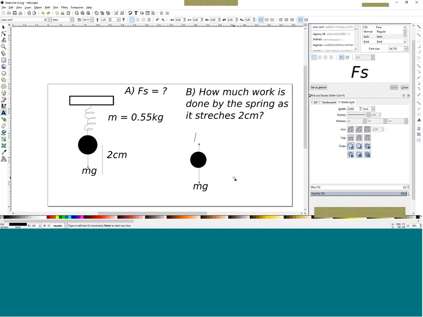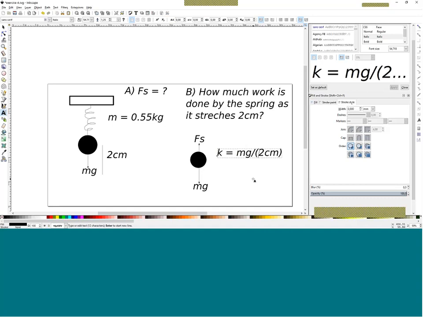We will state that, due to the equilibrium, we can determine that K is equal to mg divided by whatever distance. We call it d, we can call it x, whatever it is, it's definitely 2 centimeters. The reason we avoid using x and y too much is because we don't want to get confused. Everything has to be either in the x direction or the y direction.